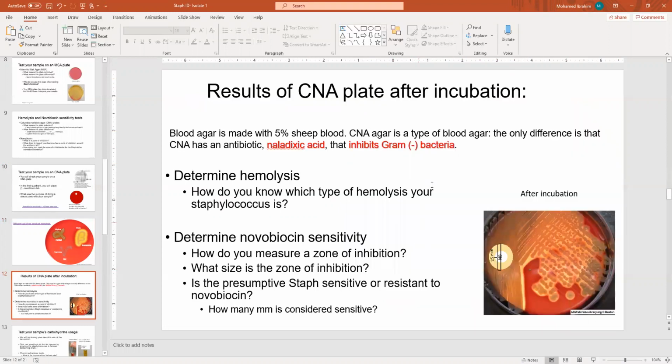So looking at your result, you will see that you have a bacteria which is beta hemolytic because you can see nice hemolysis, and you measure the novobiocin diameter. Here it tells you it is 25 millimeters. So based on this result, you can tell that my organism is sensitive to novobiocin. It is not resistant. Okay, so any questions so far?